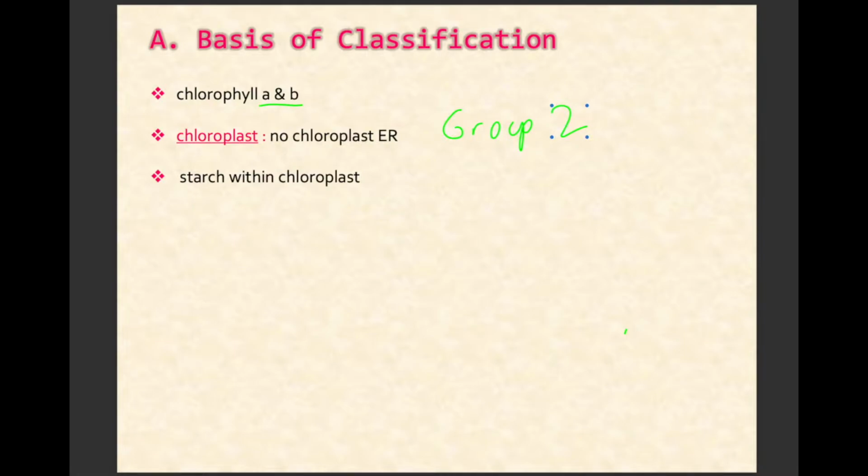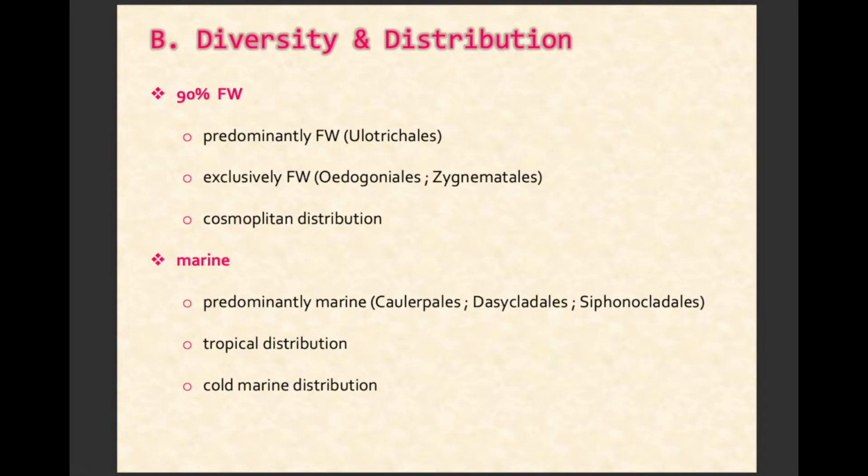In terms of the storage product inside their chloroplast, it is made up mostly of starch, which is most probably in close association with your pyrenoid bodies. Now, in terms of the diversity of your chlorophytes, 90% of them are found in freshwater habitats.